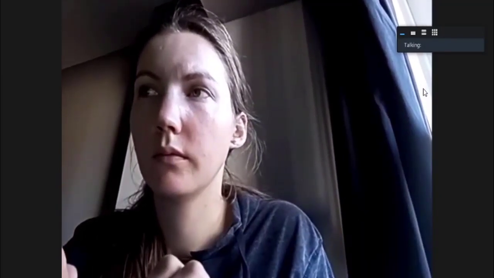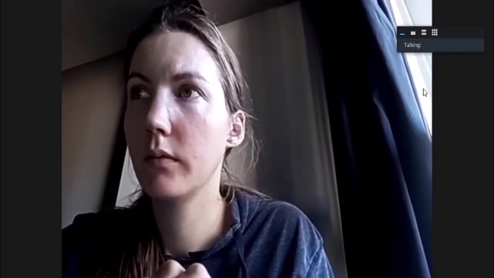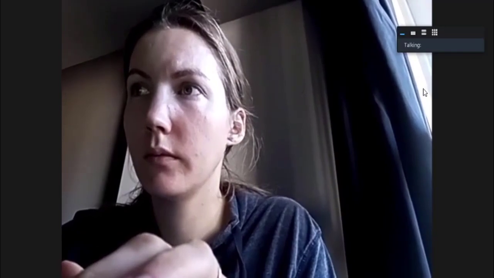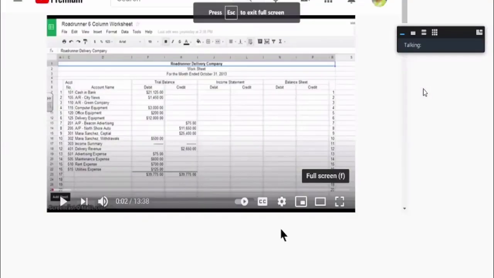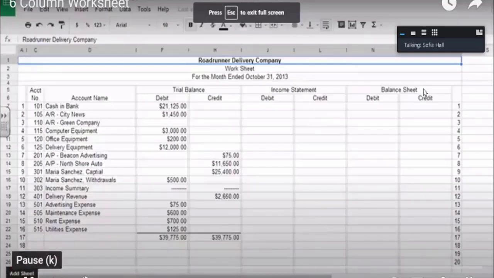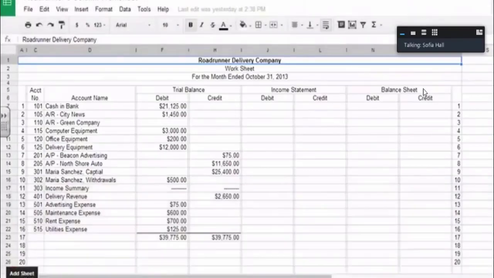Today we're going to start looking at these 6-column worksheets and understand a little bit more about why we use the 6-column worksheet and what items are included in it.